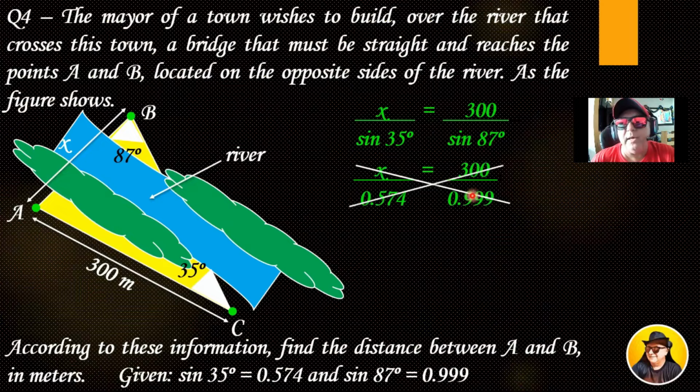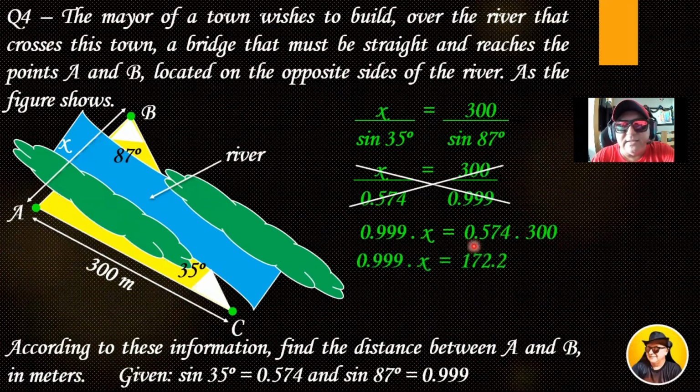Now let's multiply in cross, as we already know. And now we have that 0.999 times x is 0.574 times 300. And doing this multiplication here, we have that 0.999 times x is 172.2. And now 0.999 is going to be moved to the right side dividing.